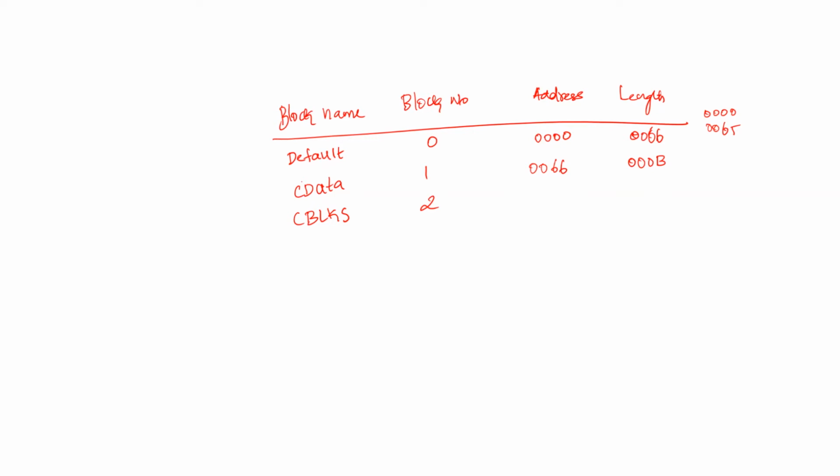Next, 0, 0, 6, 6 plus 0, 0, 0B. So what will be the answer? 6 plus B. B means 11. 11 plus 6 is 17.